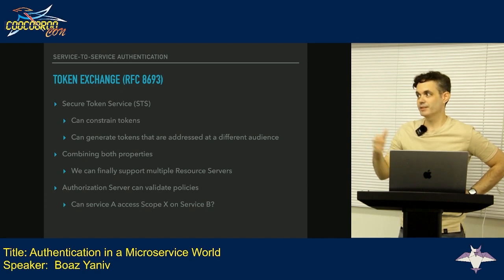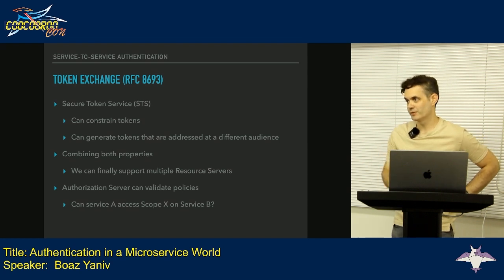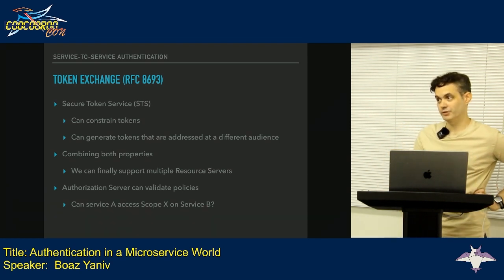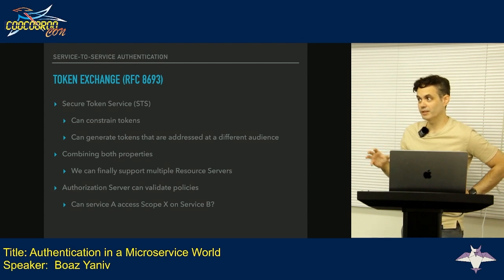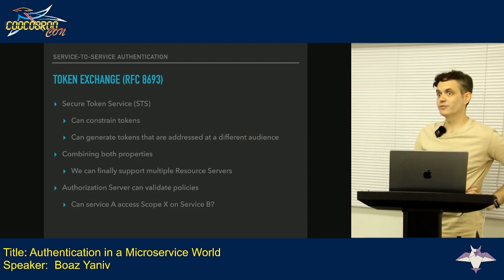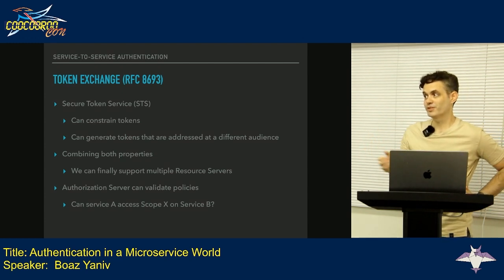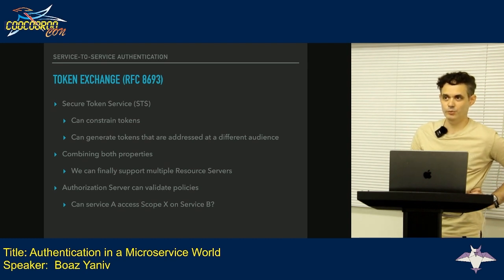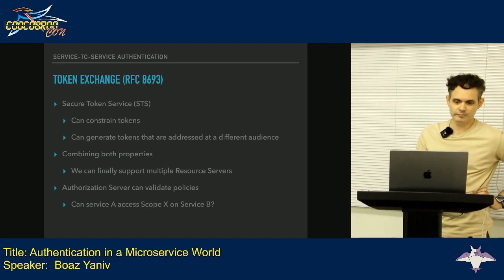This has existed for a long time in enterprise authentication standards. You had that with Kerberos, SAML, and Windows Active Directory, but it wasn't used for app-to-app or service-to-service authentication on the web until recently.